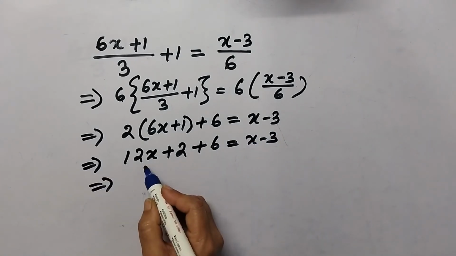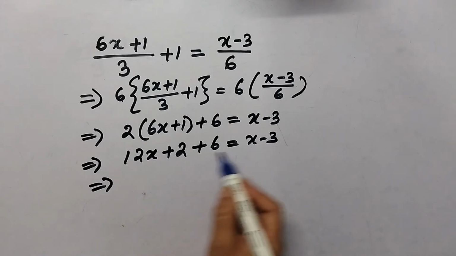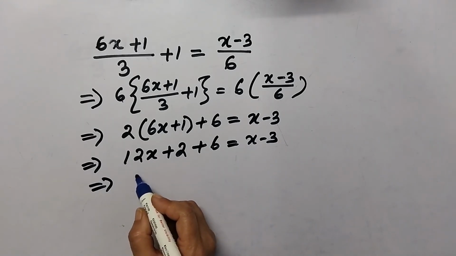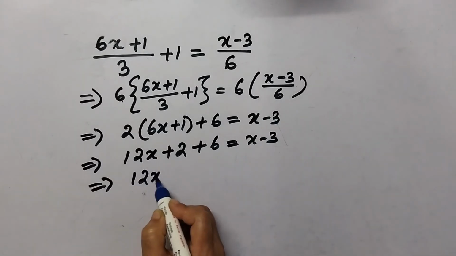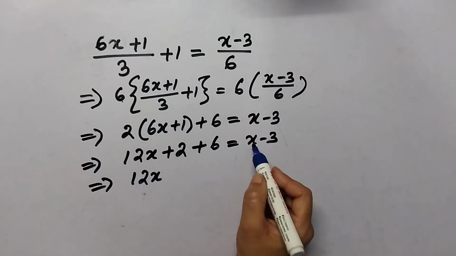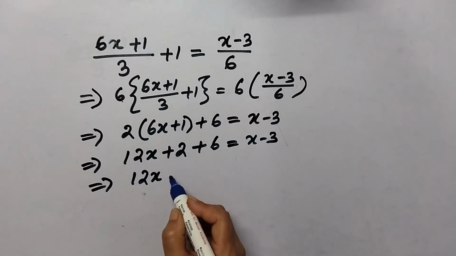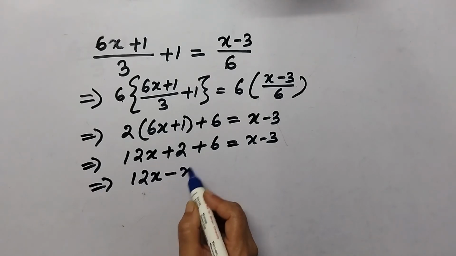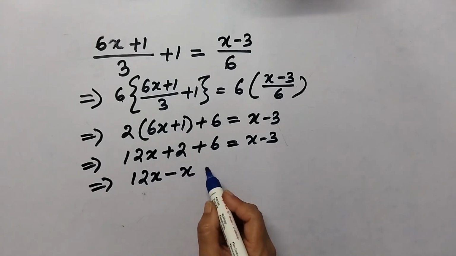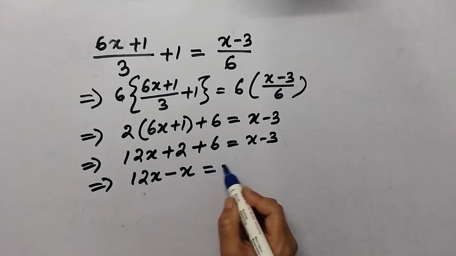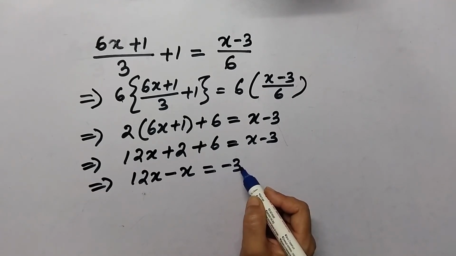Now we must bring the variable terms to the LHS. 12x is in its original place, nothing to change. When we transpose this x to the LHS, it becomes negative x, because it is a positive term. Negative 3 is in its original place, nothing to change.